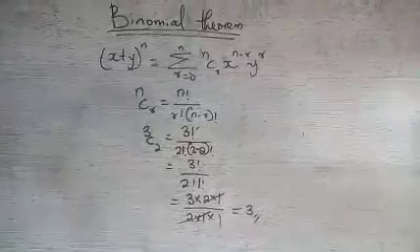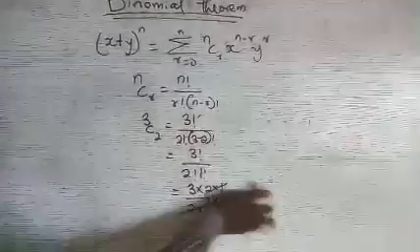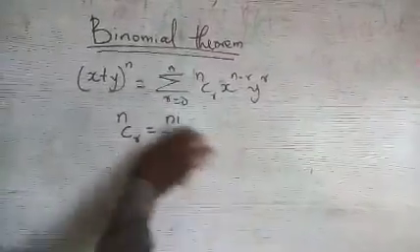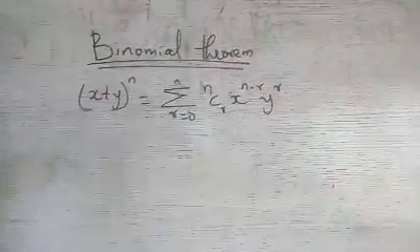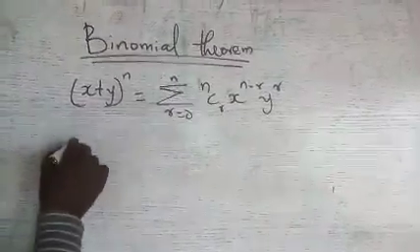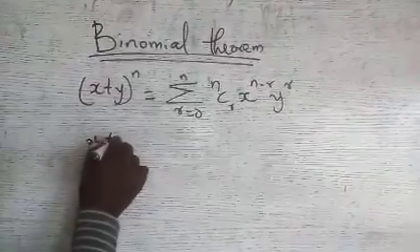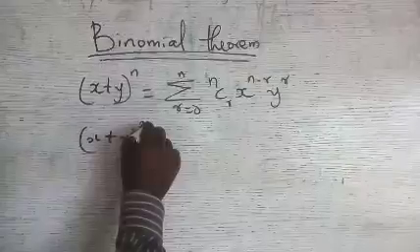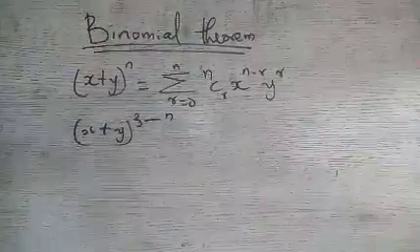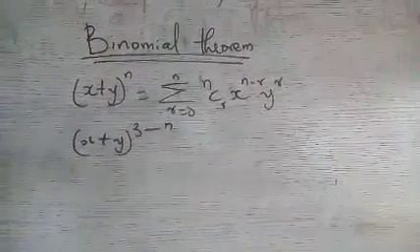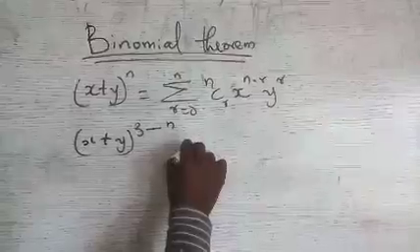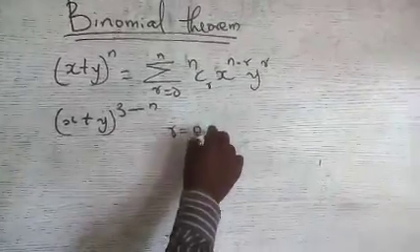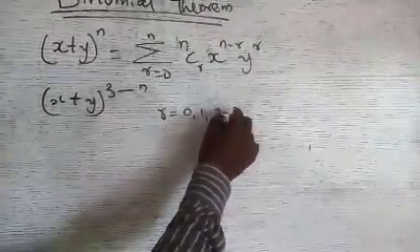Now, let's go back to our work, which is the binomial theorem. When you are to expand (x + y) raised to power 3, that means our n is now 3. So, to do this, you take the value of r from 0, 1, 2, 3.